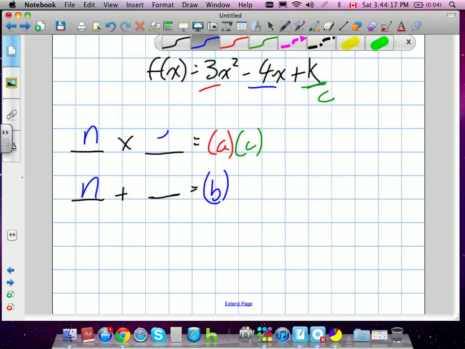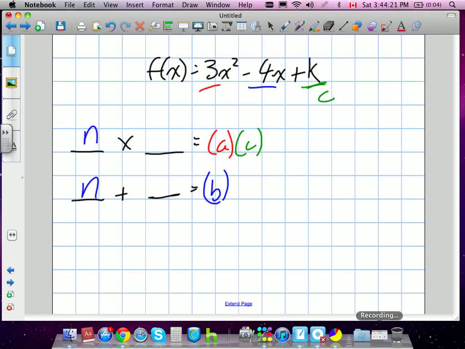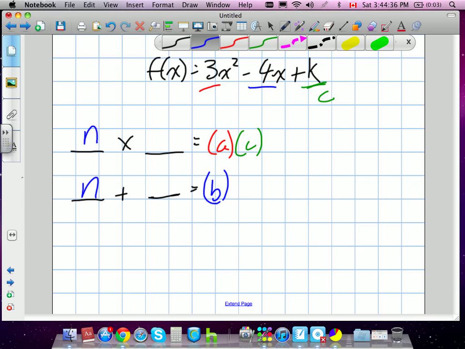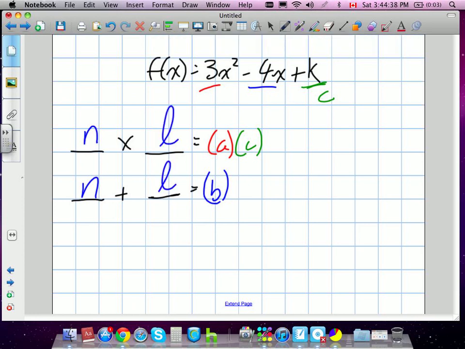O looks like 0. I need better ones. E is actually a term in math. Brutal. Let me pause this for a second. Okay, after much deliberation, we've come up with the variables n and a cursive l.